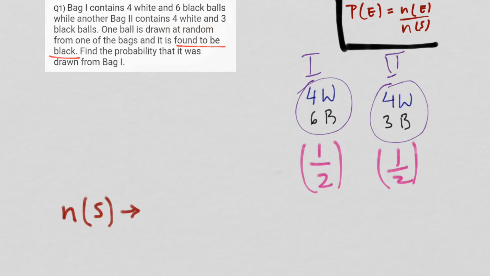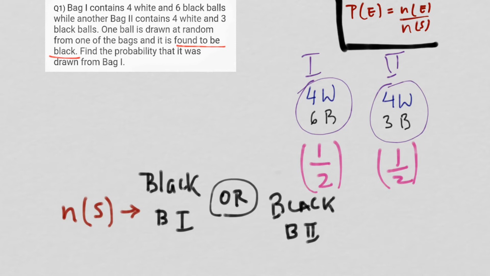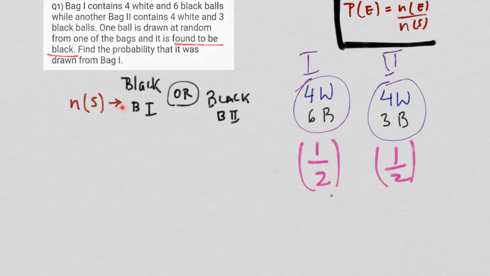Since a black ball has been drawn, it can either come from bag 1 or it can come from bag 2. So choosing bag 1 is half and choosing a black ball is 6 out of the total 10 balls available.